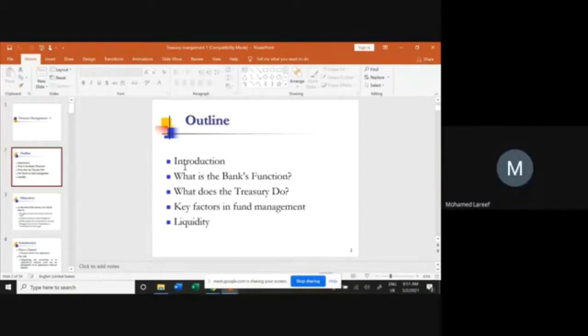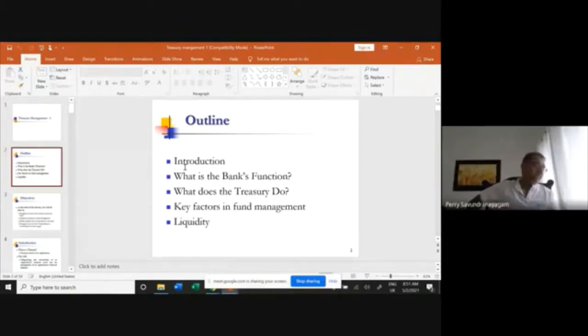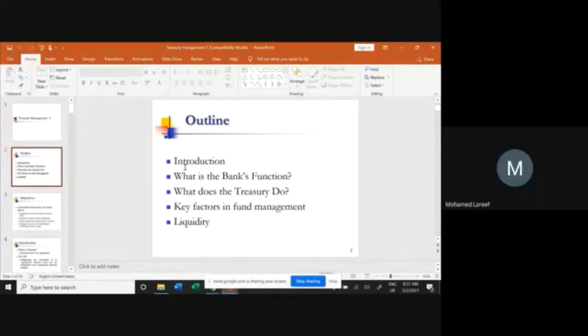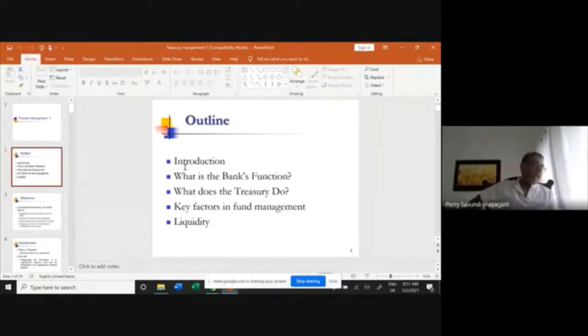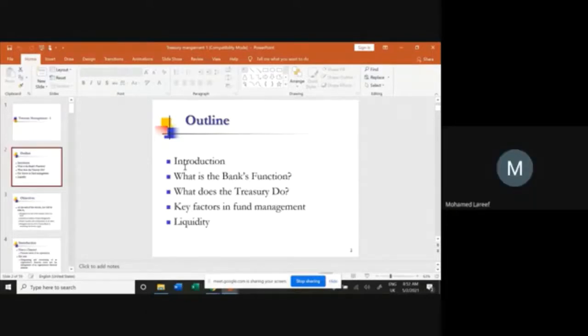Risk management. Risk management in what risks? The operational risk. No, not operational. Operational risk stems from the function the Treasury does. But if you look at what the Treasury manages, it could be market risk management.